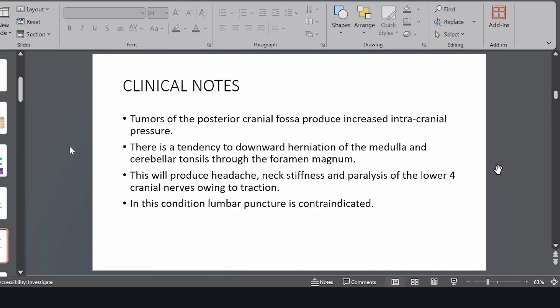When you talk about lumbar puncture, this is what you call cerebrospinal fluid. Have you ever heard of cerebrospinal fluid? Yes. This cerebrospinal fluid, you are able to tap it. We normally say go and tap the cerebrospinal fluid from the patient.